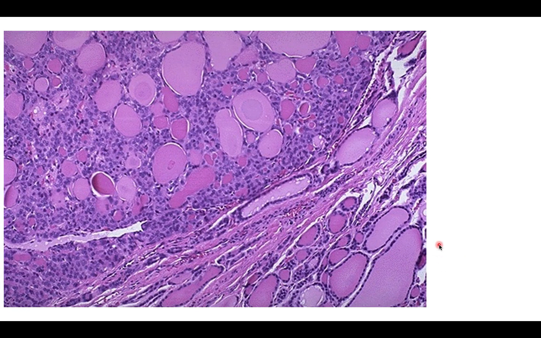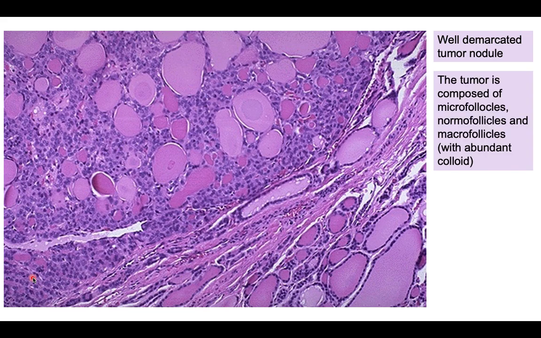In another area, under higher magnification, as you can see here, the tumor shows a well-demarcated nodule, and it is composed of microfollicles without colloid or just inspissated colloid in the middle, normal follicles, as well as macrofollicles with abundant colloid.